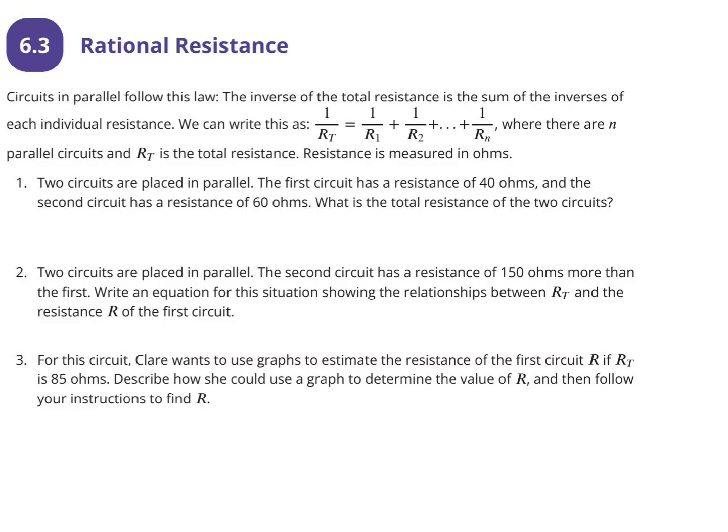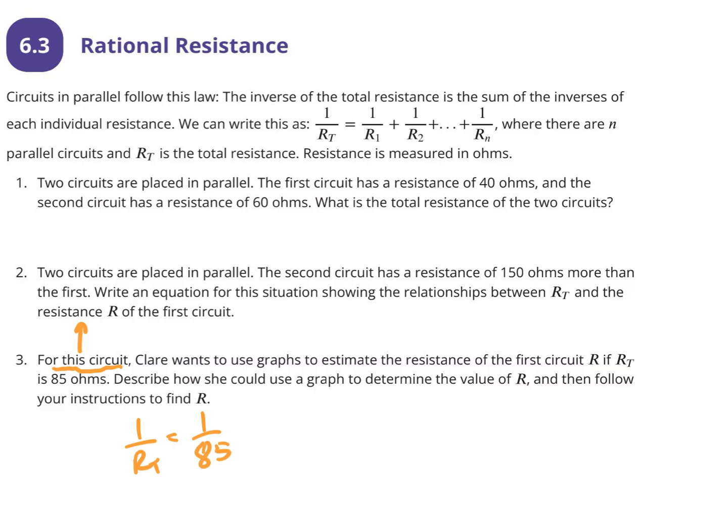Okay, for this problem, it says for this circuit. Now, this is where the words get tricky. For this circuit, which is referring to the circuit above, Claire wants to use graphs to estimate the resistance of the first circuit R, if RT is 85 ohms. So 1 over RT equals 1 over 85.